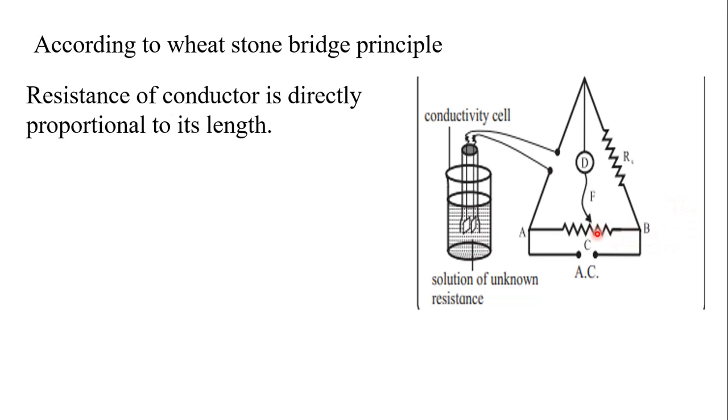And this BC represents what? The resistance Rx. According to the Wheatstone bridge principle, the resistance of a conductor is directly proportional to its length. Therefore the resistance of the solution is directly proportional to length AC, and resistance Rx is directly proportional to length BC.